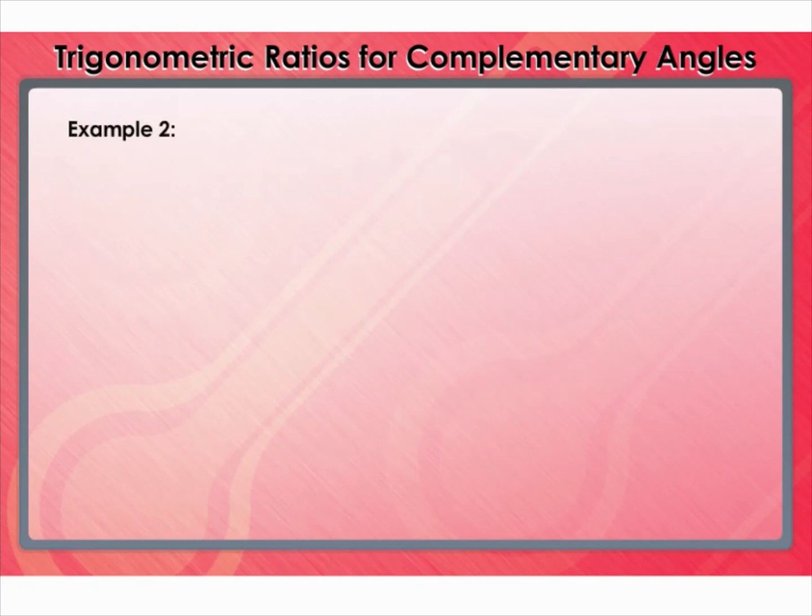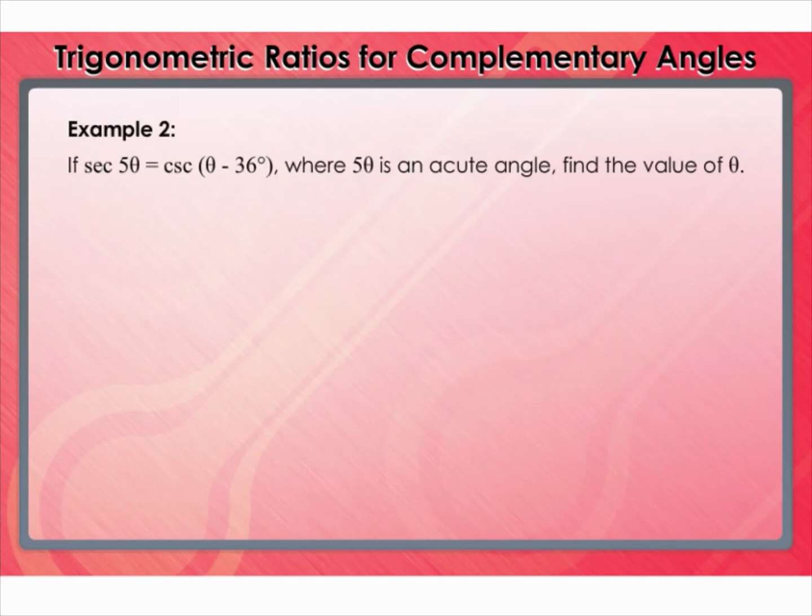Let us move to another example. If secant 5 theta is equal to cosecant of theta minus 36 degree, where 5 theta is an acute angle, find the value of theta.